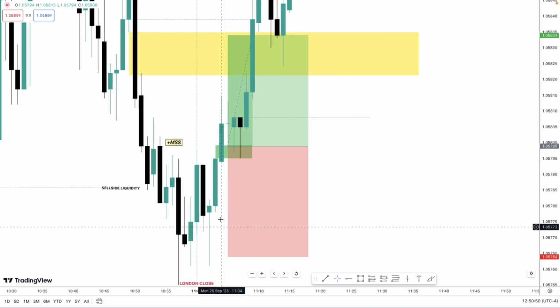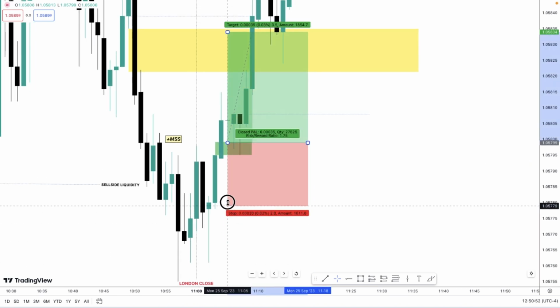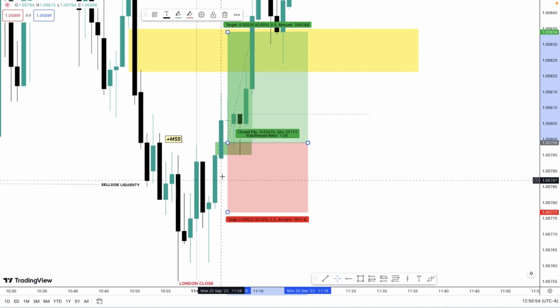Smart money will buy that. Stop loss below this candle to be safe. You don't want to put it below this candle because you still have all this imbalance that price could trade to. So rather put your stop loss below the candle that created the fair value gap initially.